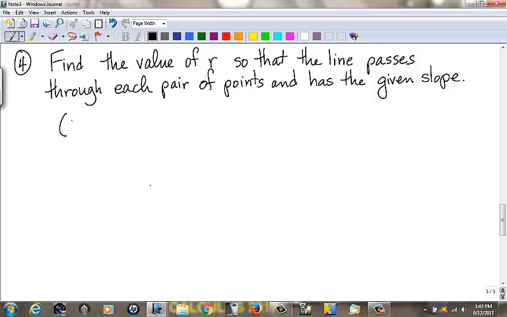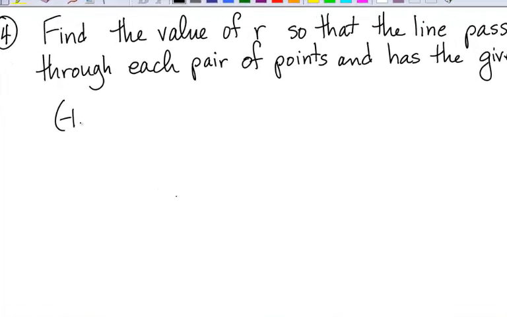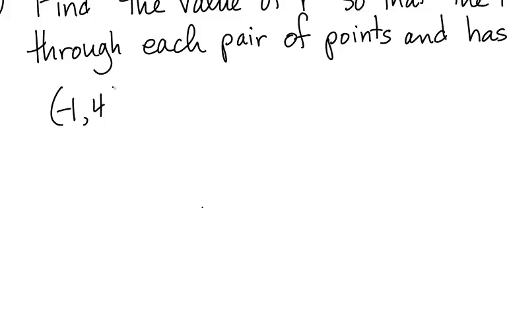So they give you the ordered pair as an example, (-1, 4), and the ordered pair (1, r). So they're not telling you the whole point, they want to know what is r.